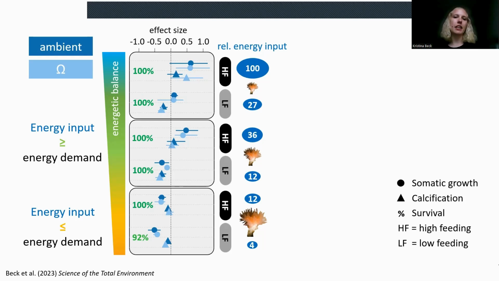But we see a clear feeding effect because the growth rates were a lot lower in the low feeding treatment. And then for the adult corals, they clearly did not receive enough energy in any of these treatments. We didn't see a difference in the feeding regimes. So the energy input was not enough to really meet the energy demands in this case.